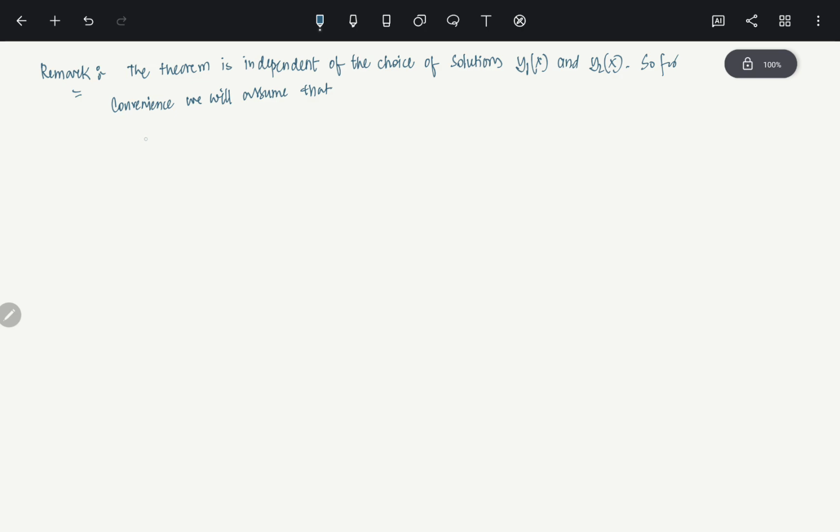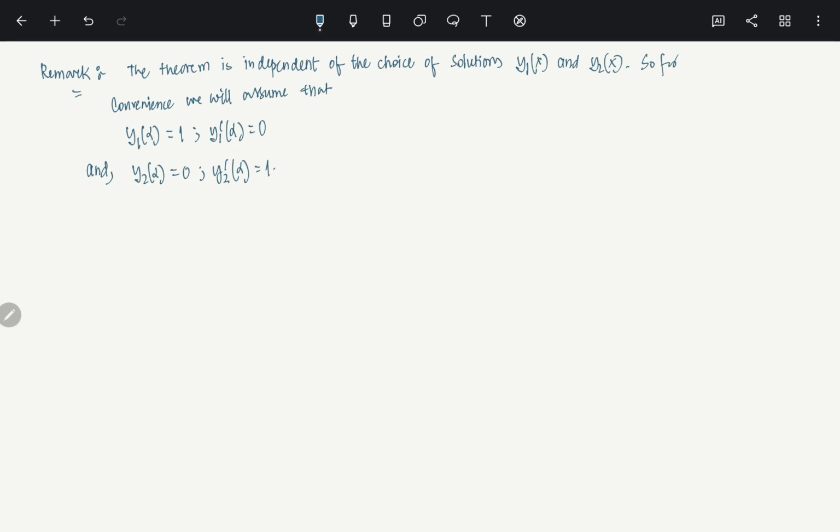So for one way we will assume this: y1 at the point alpha is 1, y1 prime at the point alpha is 0, and y2 at the point alpha is 0, y2 prime at the point alpha is 1. Is this okay?